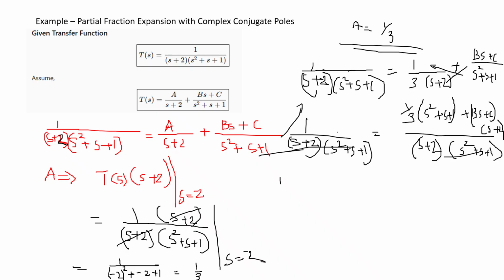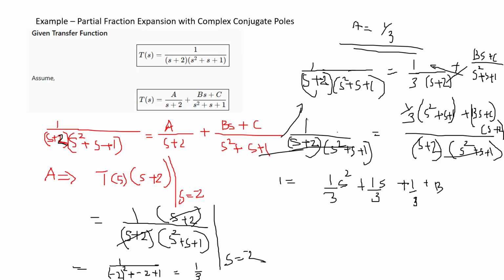So what is the answer? 1 is equal to 1 by 3 s square plus 1 by 3 s plus 1 by 3, and then distribute the remaining, bs plus c into s plus 2.